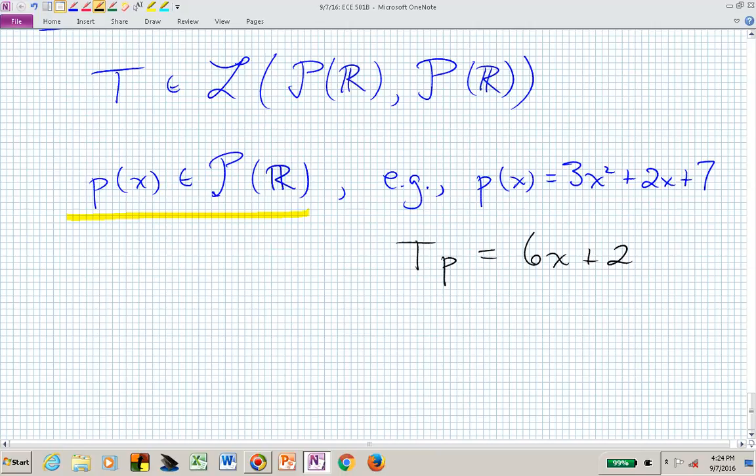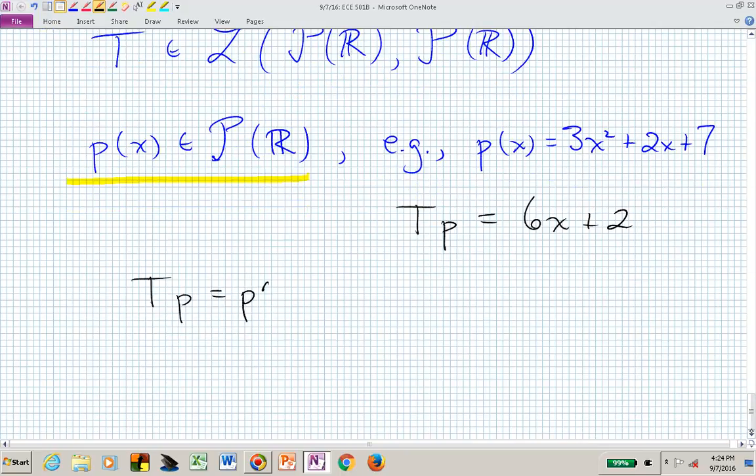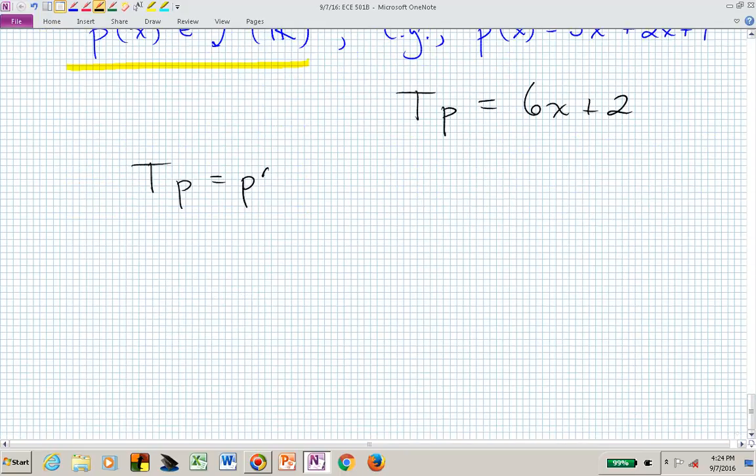And so we're saying that Tp looks like p prime. Since T is our linear map, the differentiation map, if I say Tp, that's the same as saying p prime.